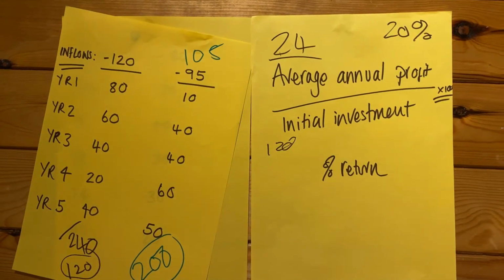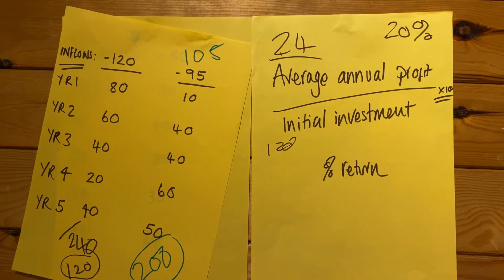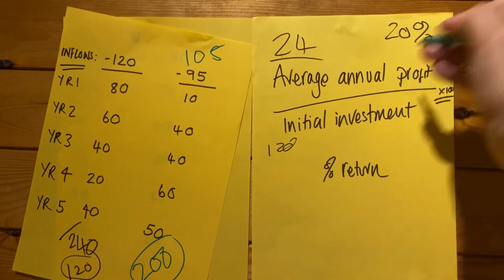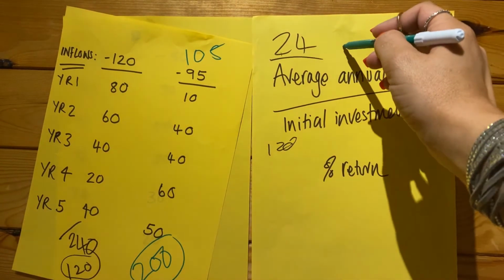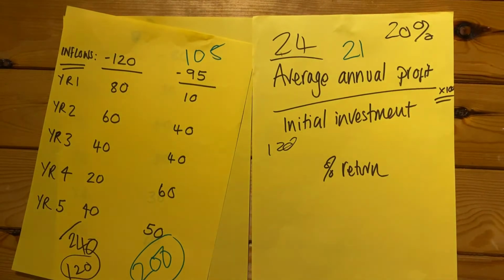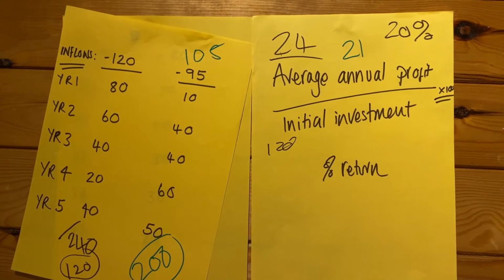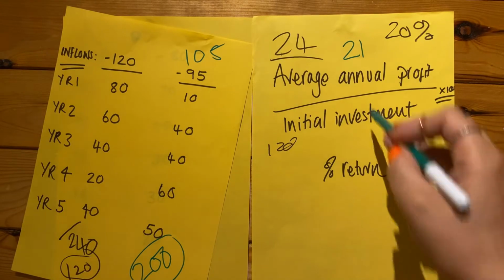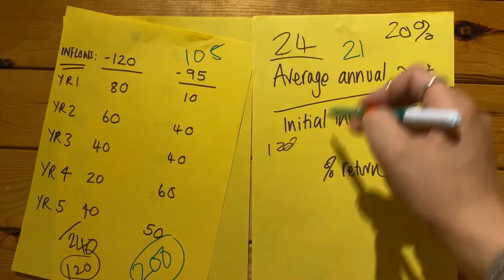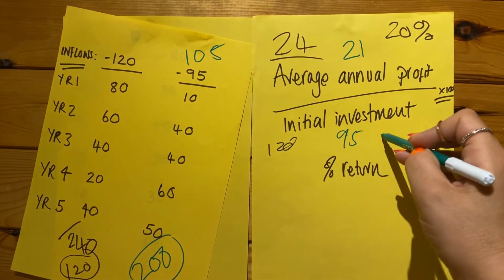Alexa, what's 105 divided by 5? 105 divided by 5 is 21. Great. Alexa, what's 21 divided by 95? 21 divided by 95 is 0.2211.